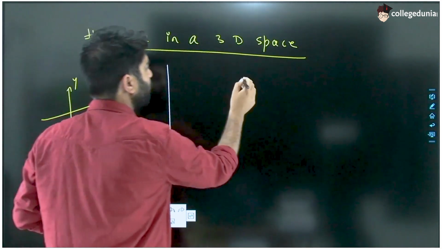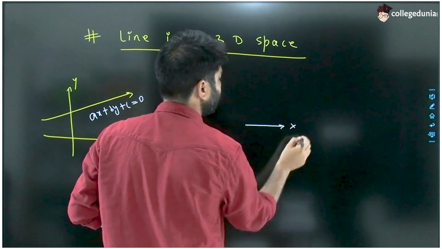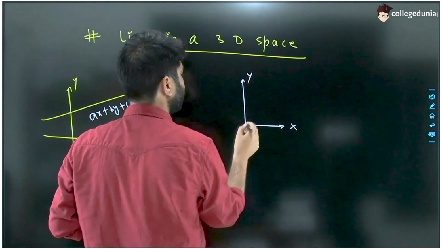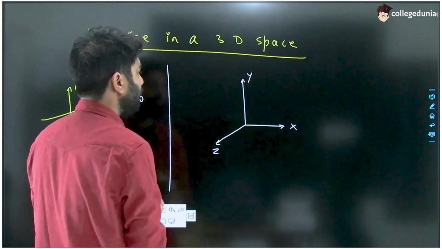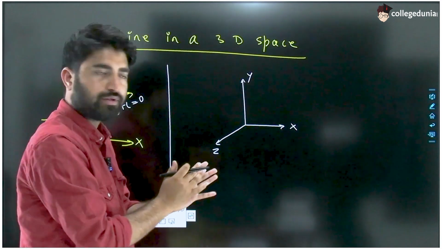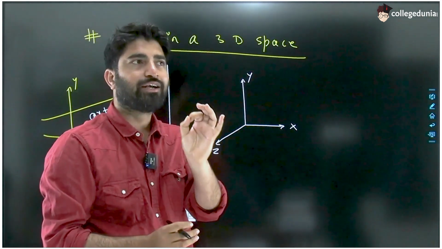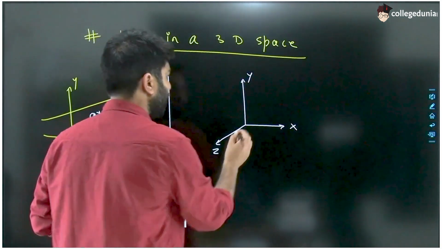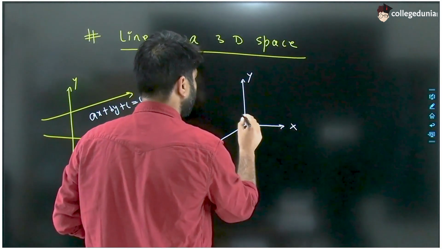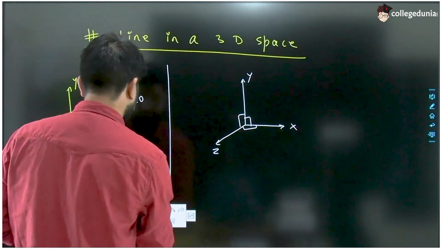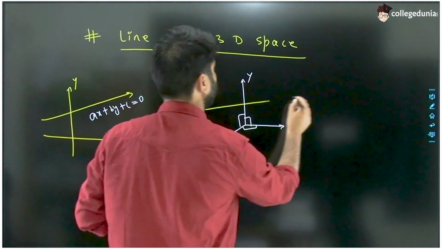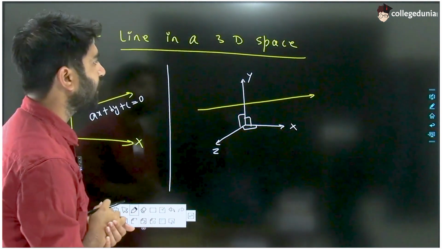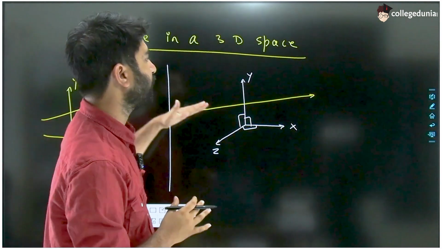If we talk about 3D space, let's say this is x-axis, y-axis and z-axis, and we know that the entire space is divided into 8 octants by these 3 lines, right? And we know that these 3 lines are mutually perpendicular to each other. And suppose there's a line in this 3D space and we have to find the equation of this line.